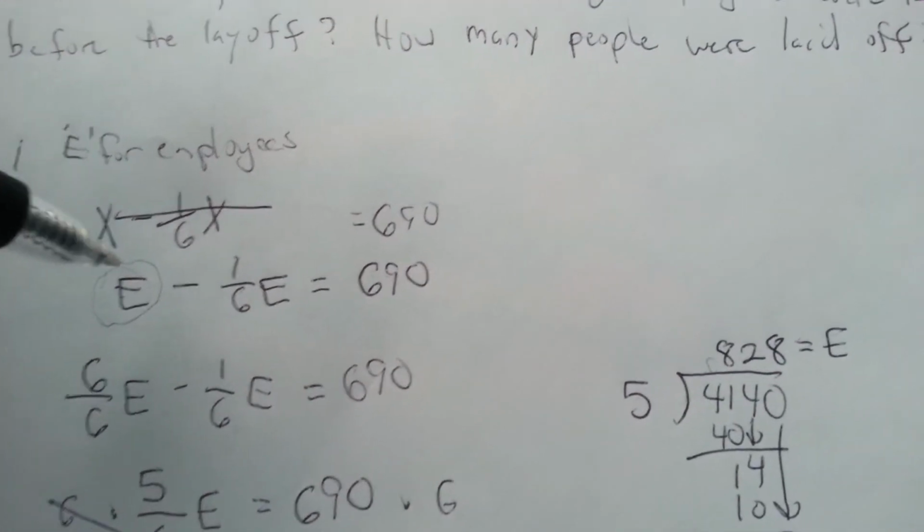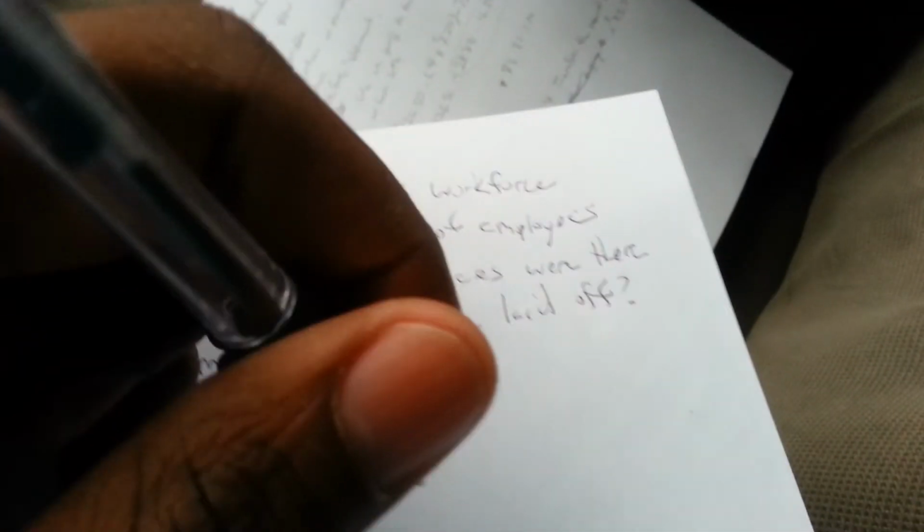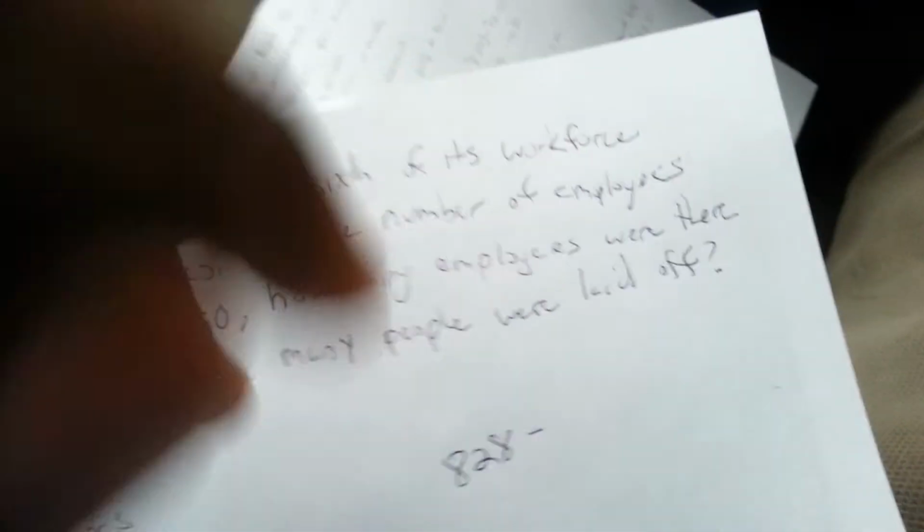I can show you over here in the equation. There were 828 employees to start off, and he took away 1/6 of those employees.